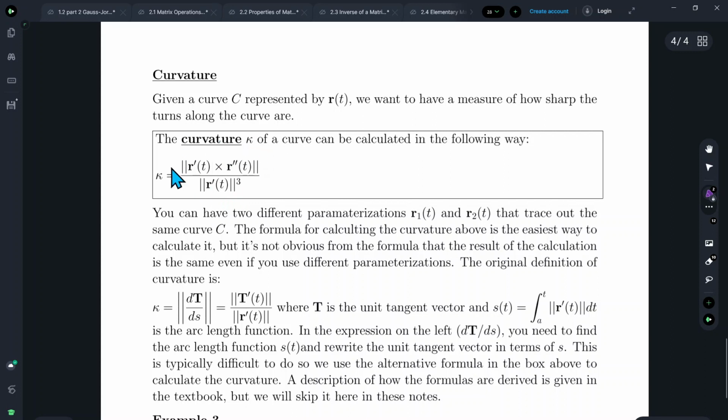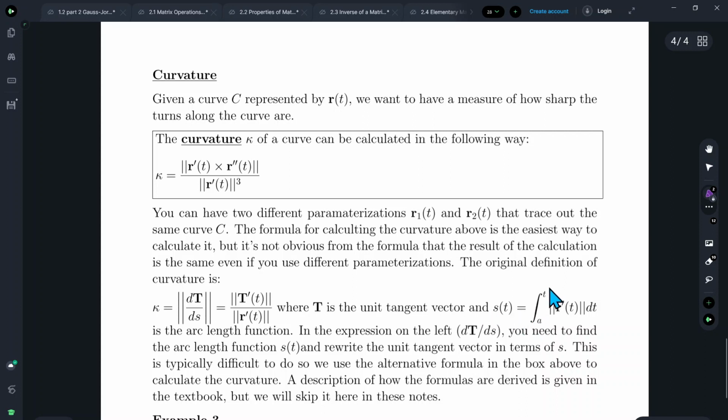It's just that it's not obvious that it is independent, even though it is. In actuality, there's a different definition of curvature written here involving the unit tangent vector, and this s in the denominator is referring to something called the arc length function.